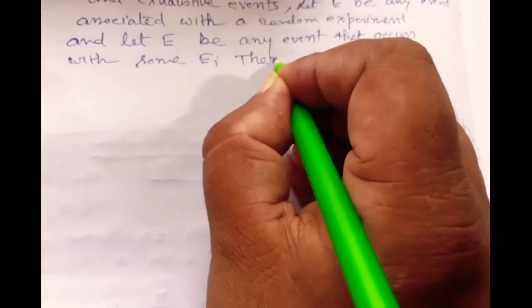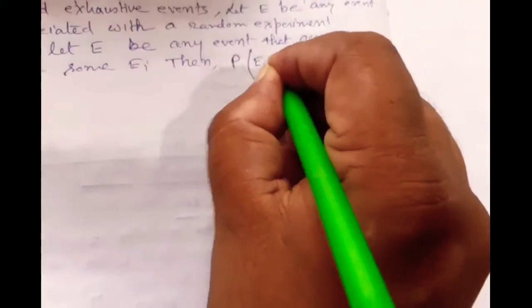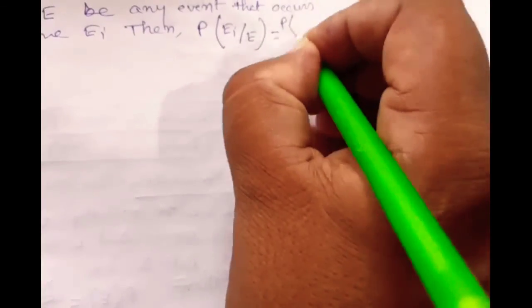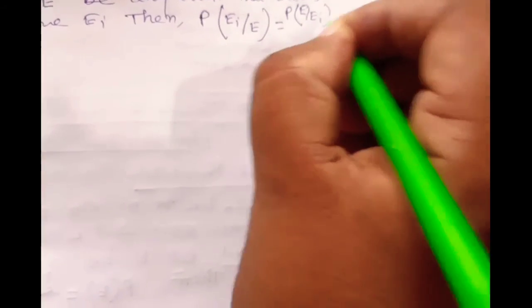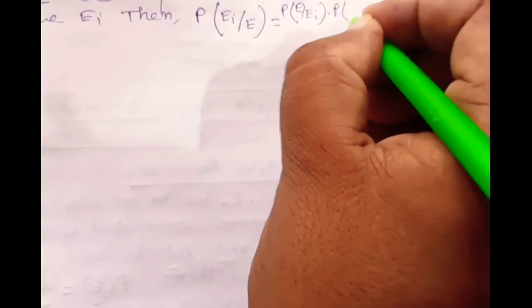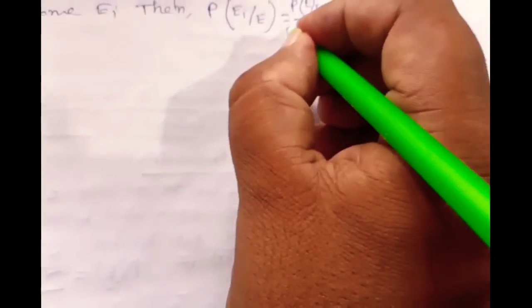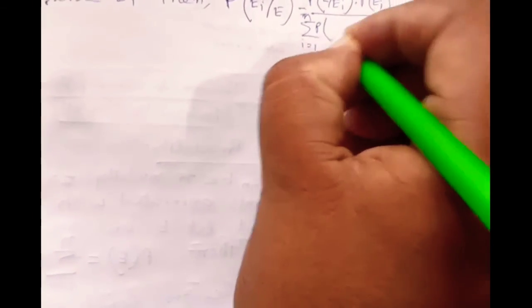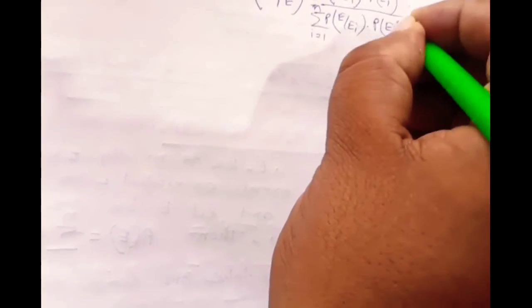then probability of Ei by E equals probability of E by Ei into probability of Ei, divided by summation of i equal to 1 to n probability of E by Ei into probability of Ei.